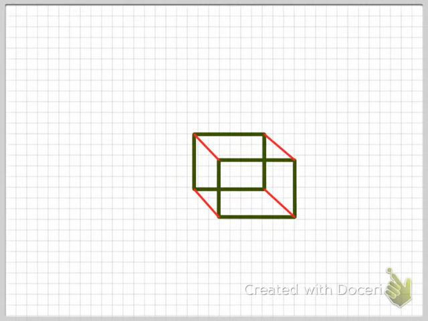That is not specific enough. What should you call this? A rectangular prism. Does that make sense?